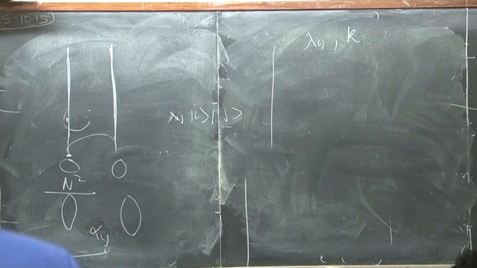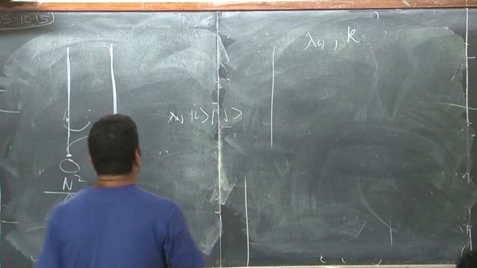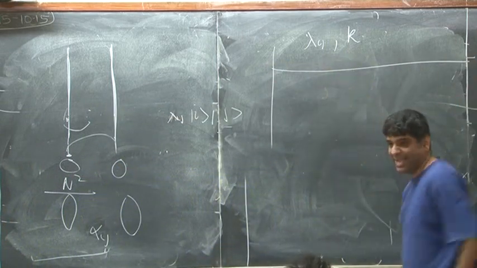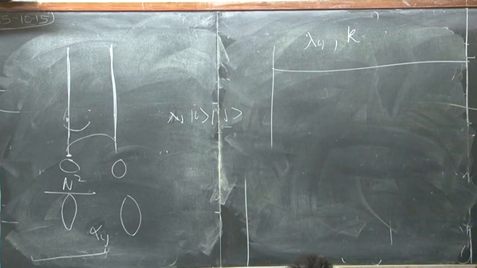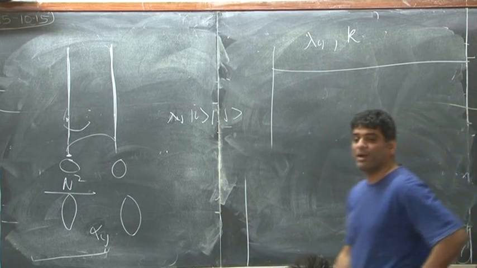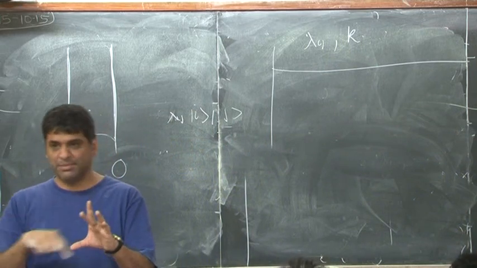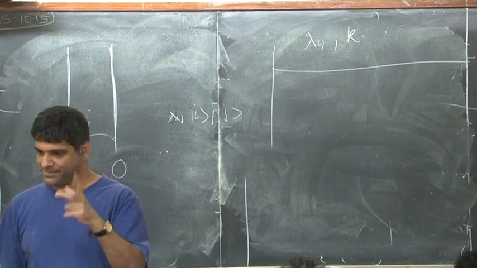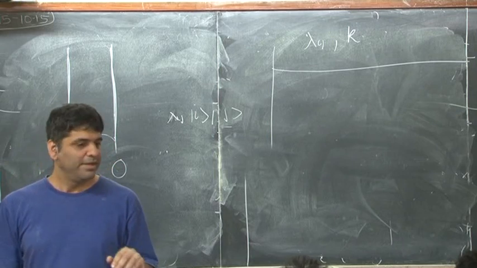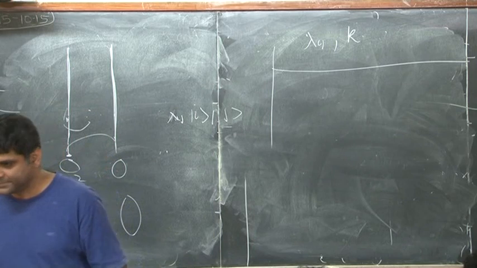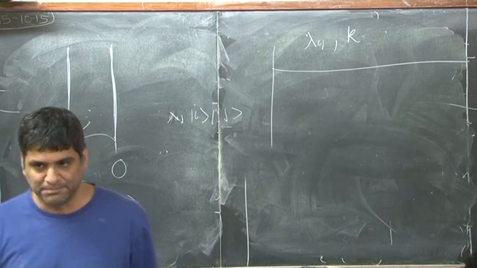And now what I have to do is look at all possible diagrams. I want to compute the scattering of 3 tachyonic states specified by k1, k2, k3, lambda 1, lambda 2, lambda 3. That's what I'm going to try to do.